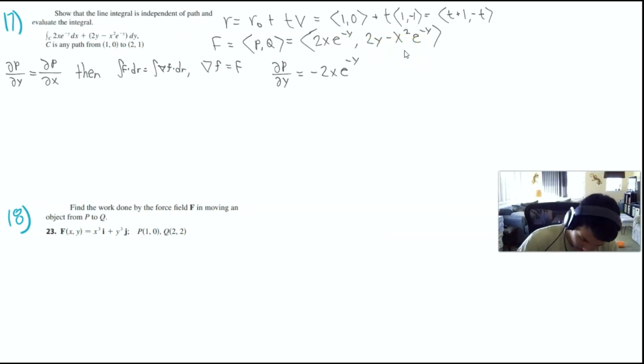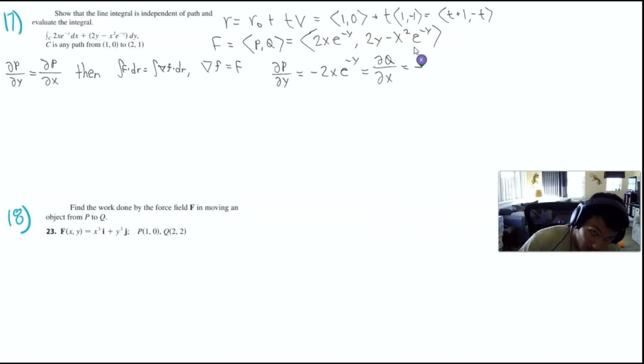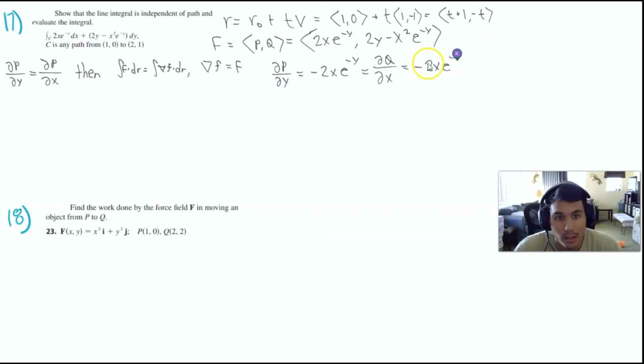Well, that is dQ/dx. And if we differentiate this with respect to x, we get negative 2x e to the negative y. Oh, look at that, the exact same thing. Okay, so the field is conservative.